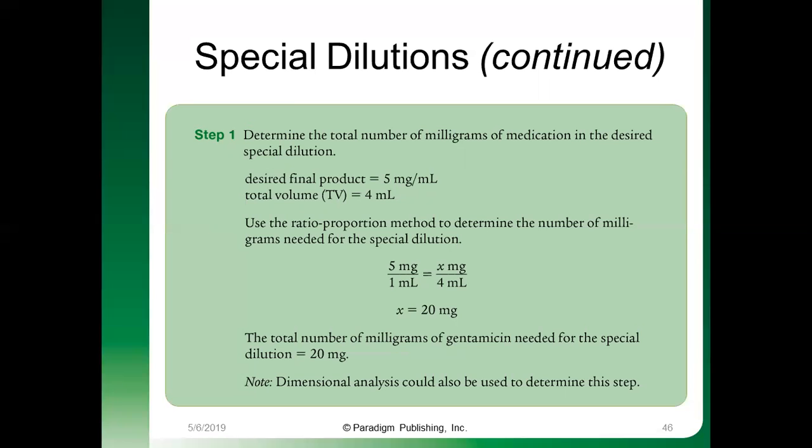So let's set up our ratio and proportion. 5 milligrams per 1 mL is equal to X milligrams in 4 mL. Cross multiply, 5 times 4 divided by 1, which gives us 20 milligrams. So the total number of milligrams of gentamicin needed for this special dilution is 20 milligrams.